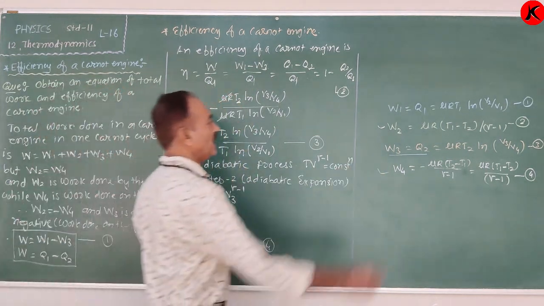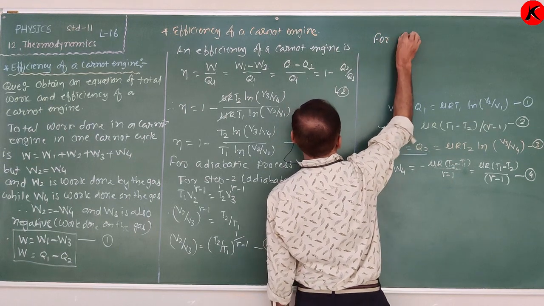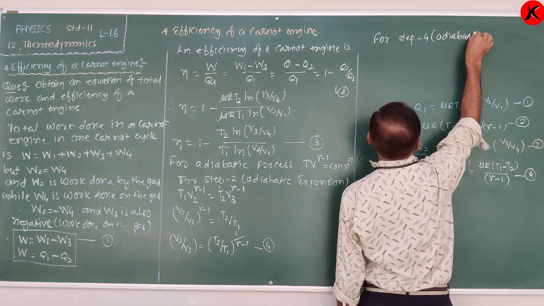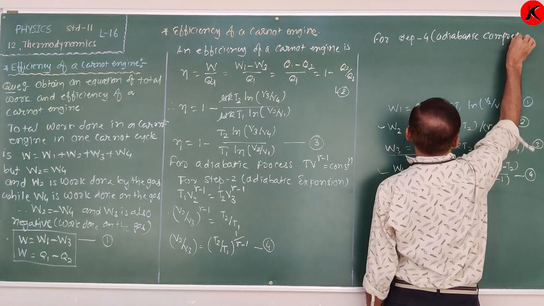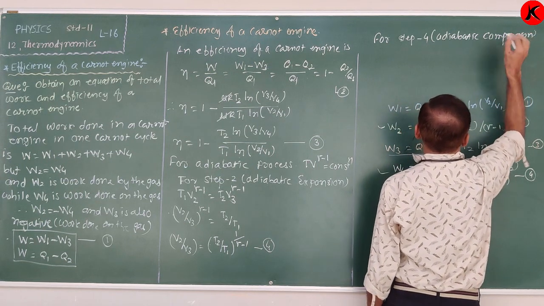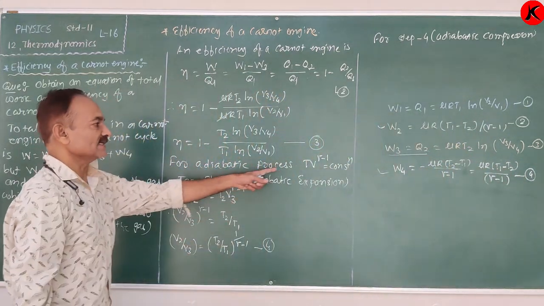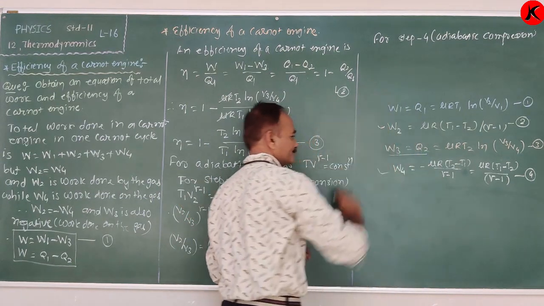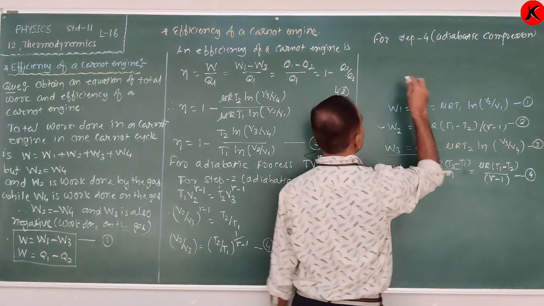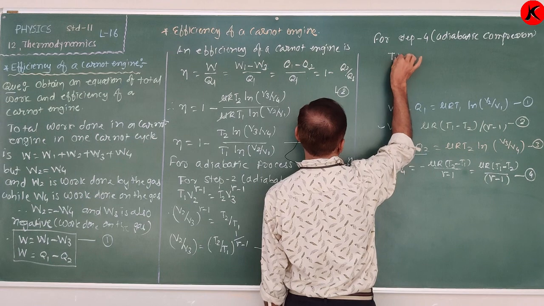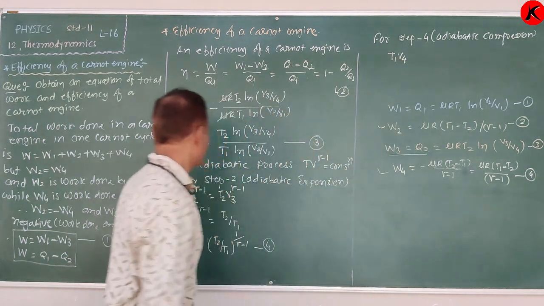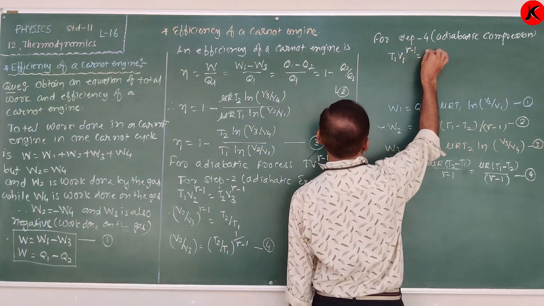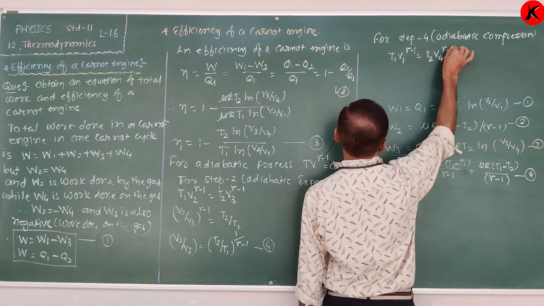Therefore, we apply the same equation for step 4, since it is also adiabatic: T1 V1 raised to gamma minus 1 is equal to T2 V4 raised to gamma minus 1.